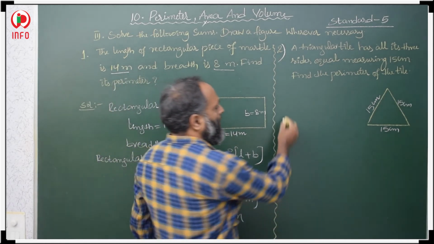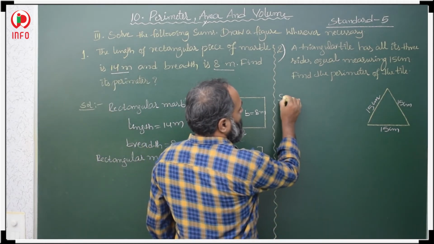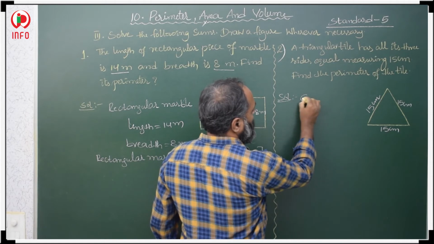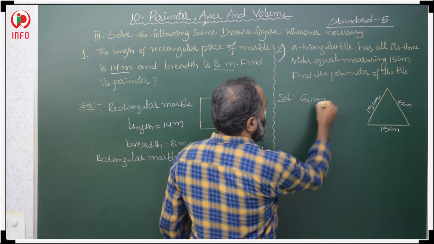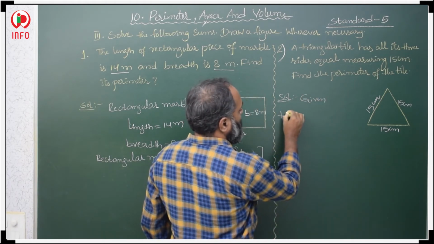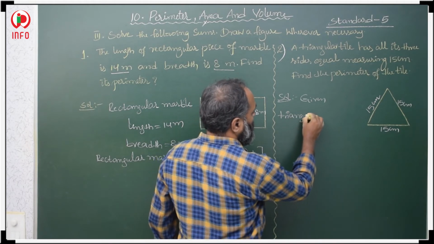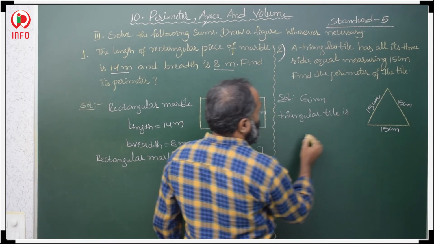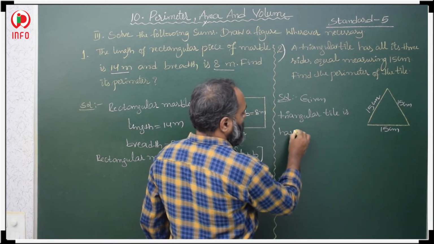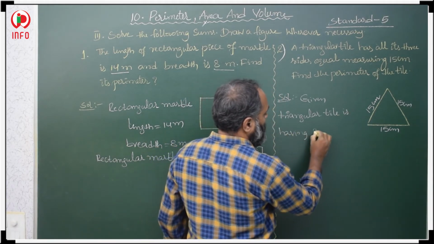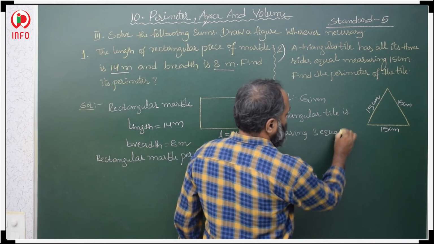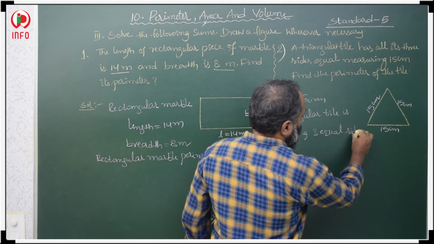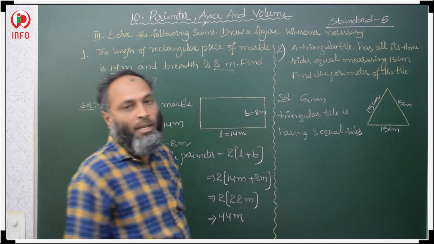Okay. So what is given? Triangular tile is having 3 equal sides.